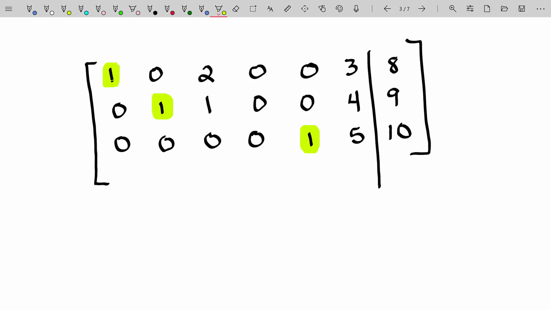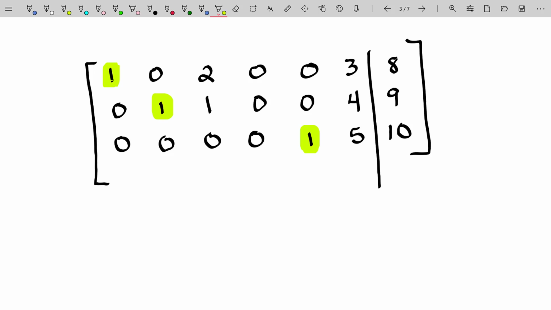And notice that if you've used the row reduction algorithm correctly, all of these pivots are the leading elements in their rows. There are zeros both above and below these pivots, and they're staggered from left to right, top to bottom. So this is definitely a matrix that we've used the row reduction algorithm on.